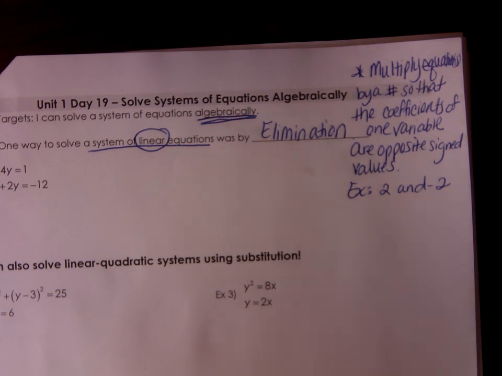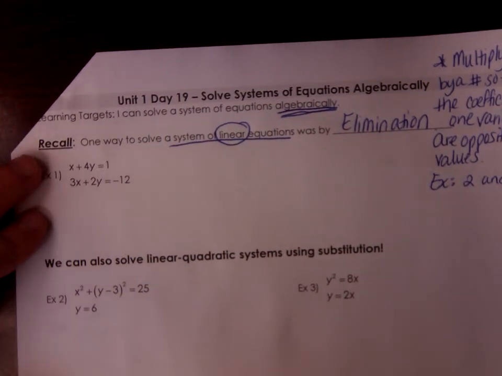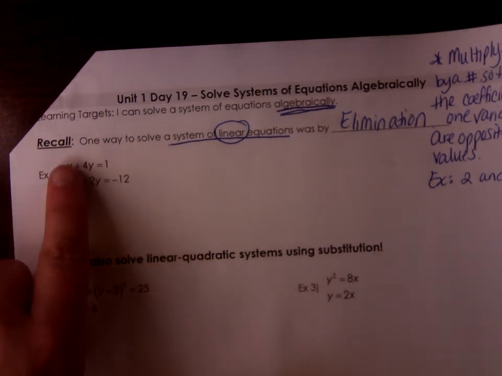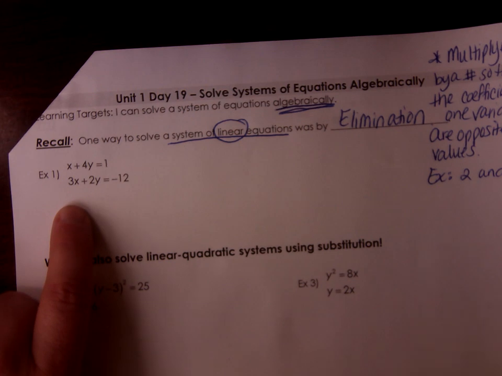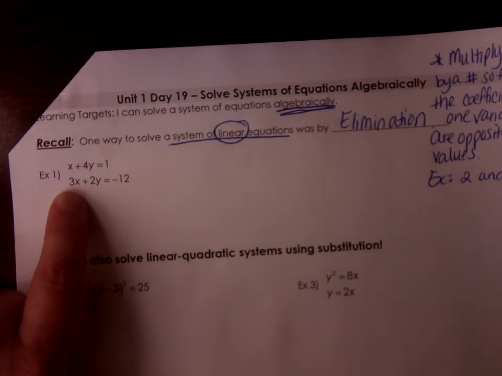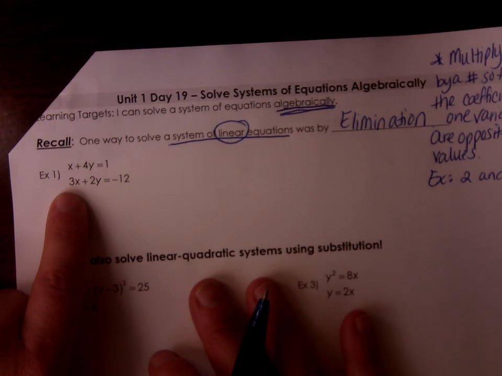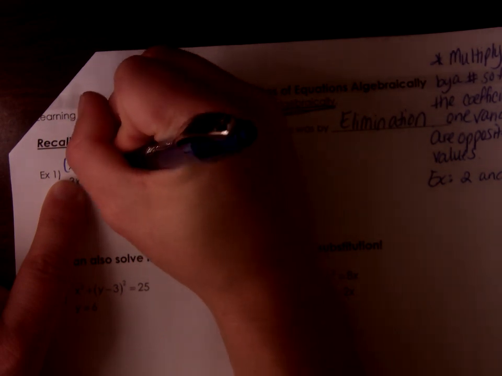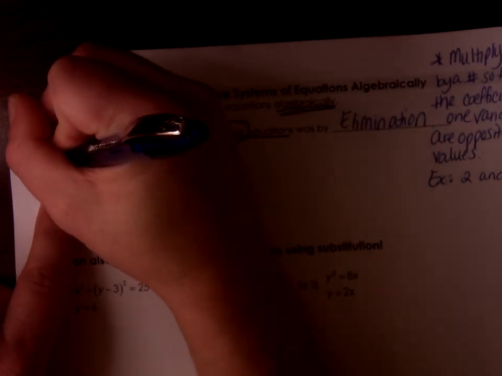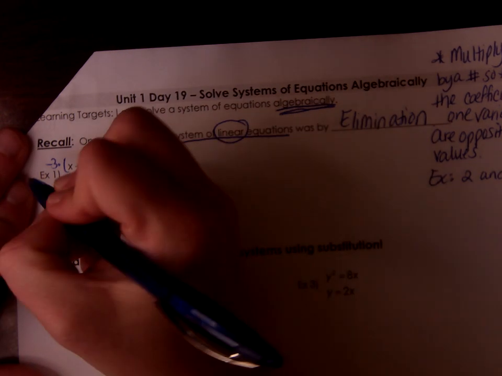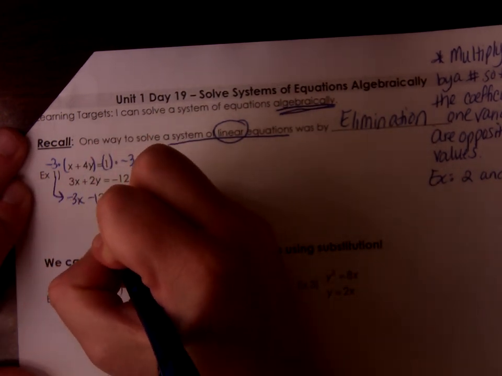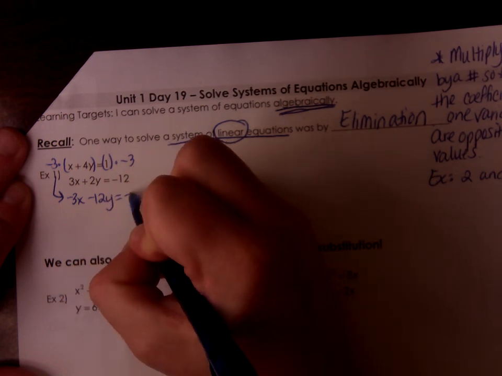This problem is actually kind of easy because it's relatively obvious which variable to eliminate, and in this problem you have a choice, of course, but I would probably eliminate the x's because we can very easily multiply the first equation by negative 3, and therefore we would end up with negative 3x minus 12y is equal to negative 3.